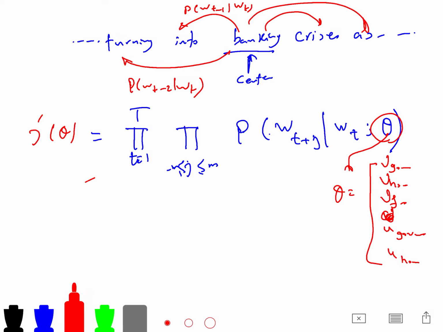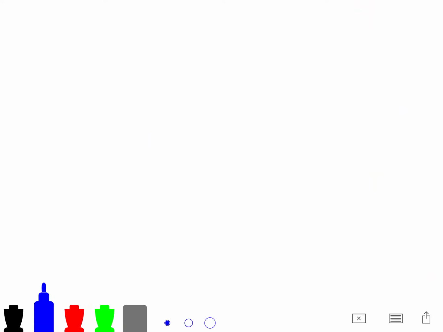U of home, U of freedom. So U and V are just context and center. So we have two representations for any word, because it depends on whether it is context or it is the center.